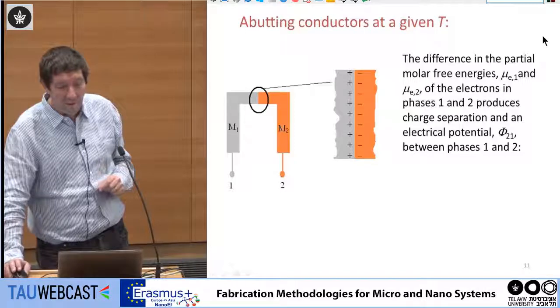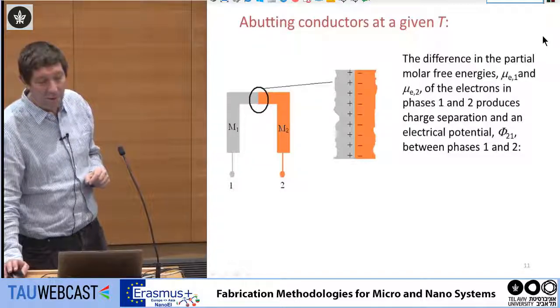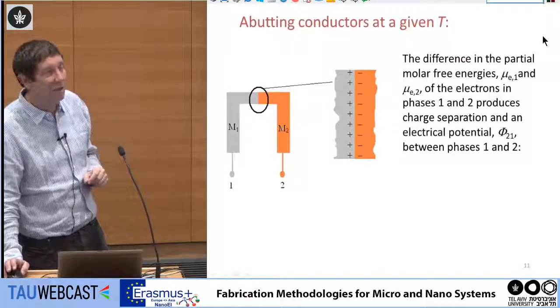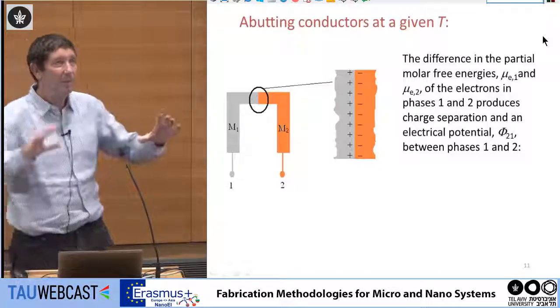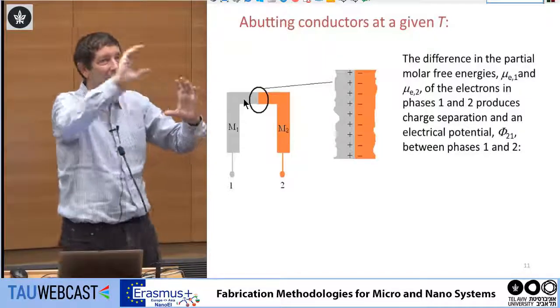what's happening if the electrons want to go from here to here, there's less electrons here. So this area is positively charged, and this area is negatively charged. If you remember, when you put N-type semiconductors or P-type, electrons go from the N-type to the P-type.